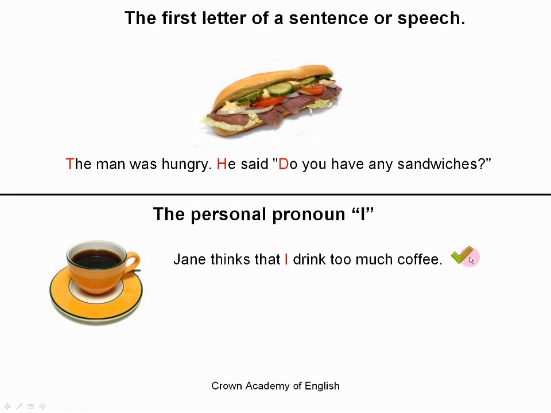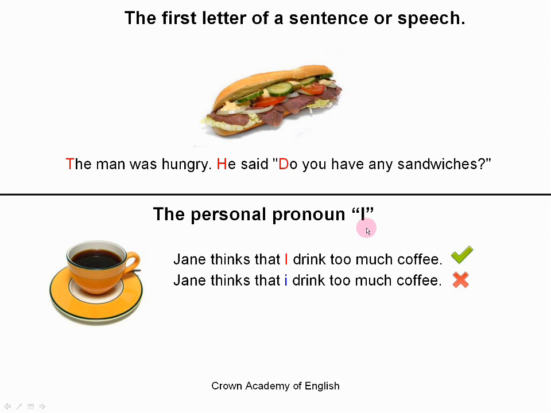That is correct. But "Jane thinks that i drink too much coffee" with a lowercase i is wrong. And in fact, that is a very big mistake. It looks like a small mistake, but if an English native speaker sees that, it is a big mistake.